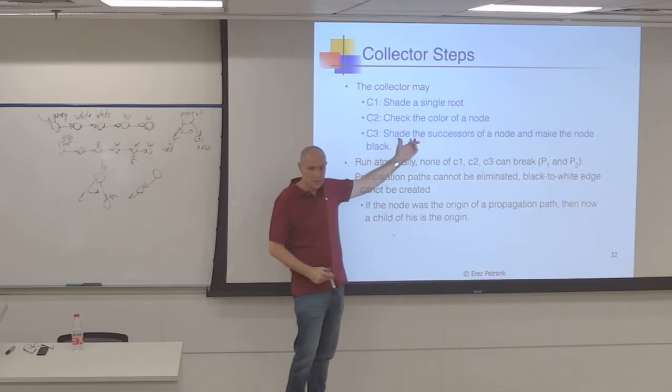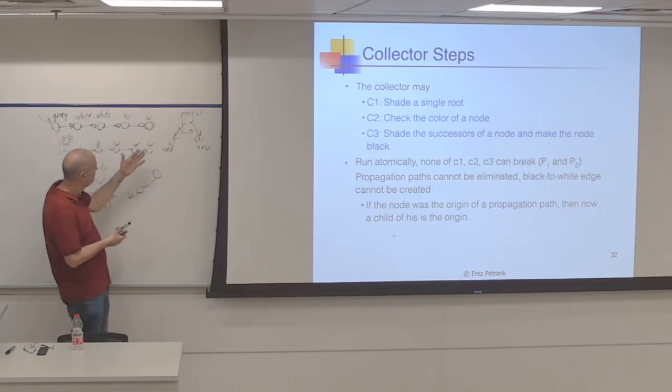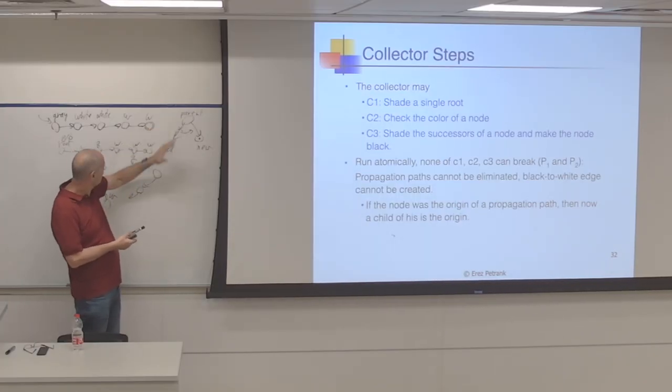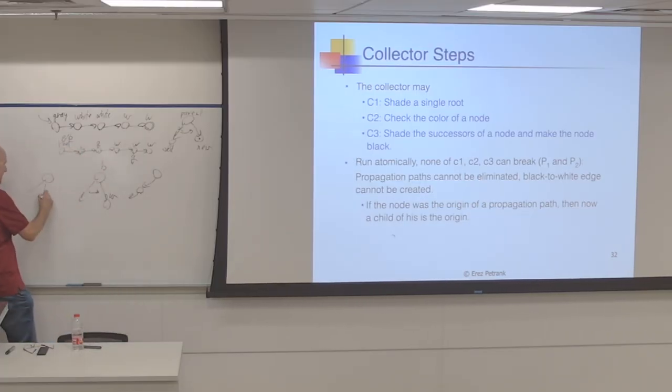And I also don't destroy any propagation path, because I have this parent, and I'm graying all its children, and then I'm making the parent black. Any propagation path that goes through these things, when I make this black, cannot be destroyed, because I can start the propagation path from the child. Anything that goes down can start from a gray node from here.